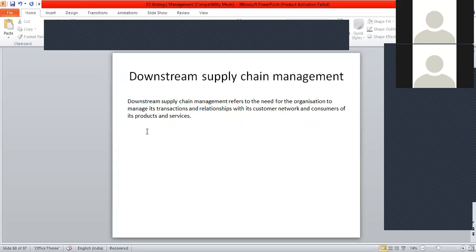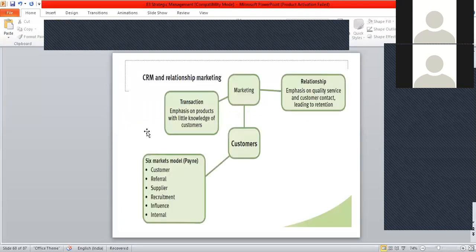The activities involve marketing the products and goods which are produced, distributing them, selling them to the customers, and also, if needed, some services provided to the customers after the sale happens. So that's downstream supply chain management.